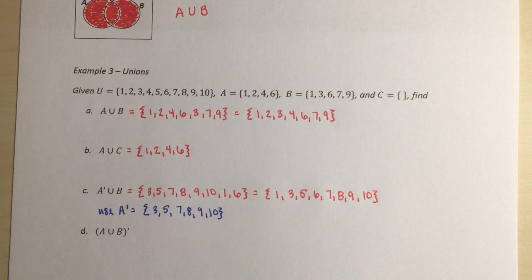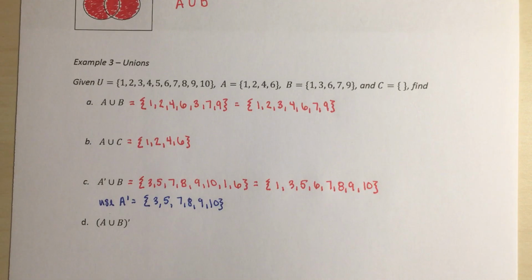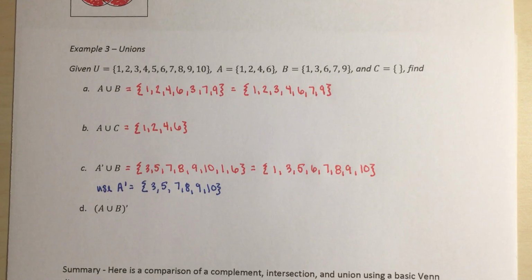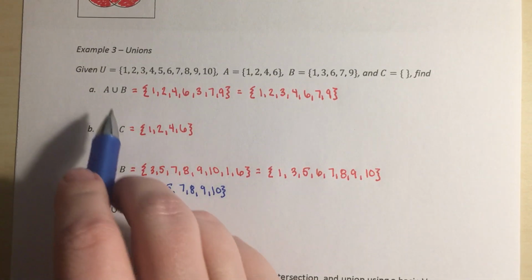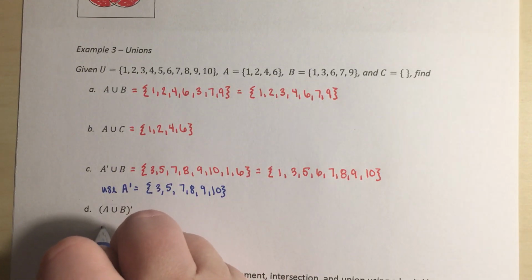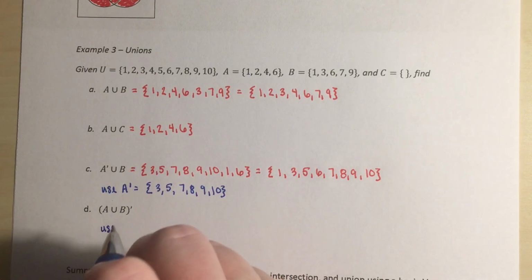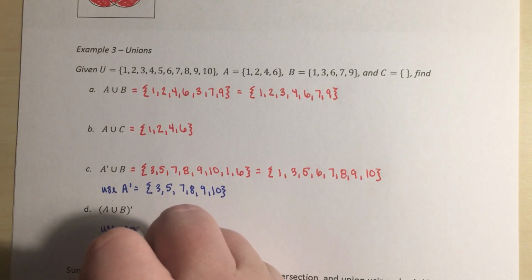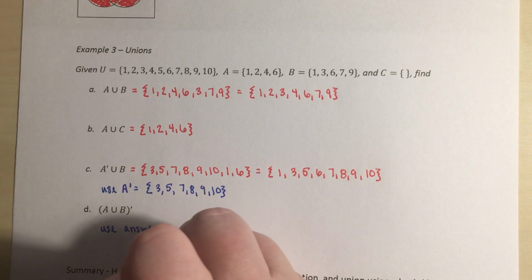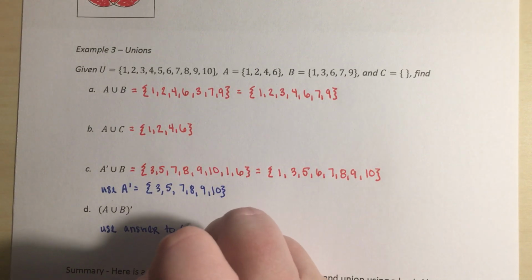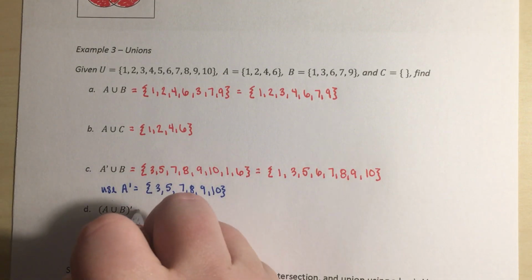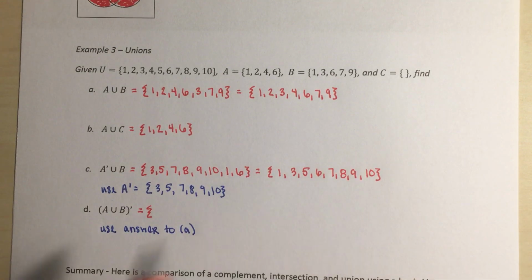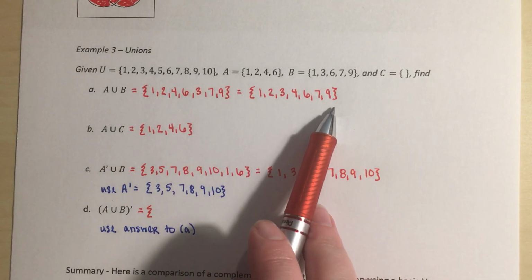All right, and then for our final part of our example here, we are going to find the complement of our union, kind of like we did in the last example when we were looking at our intersection. So again, we found our A union B up in part A. So we are going to use the answer to part A. All right, so we want anything that is not in this union.